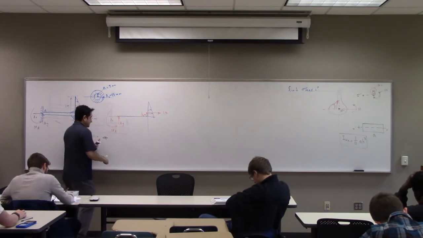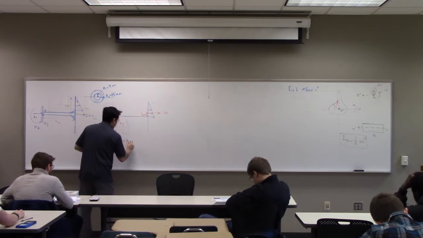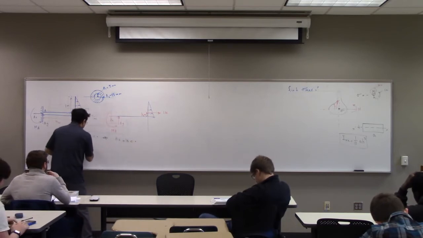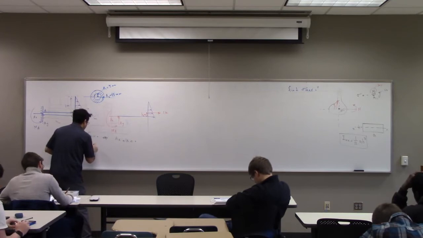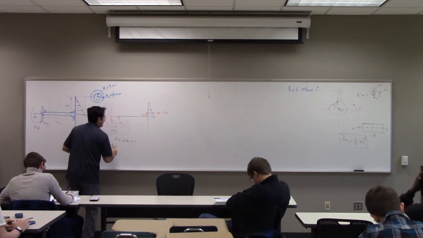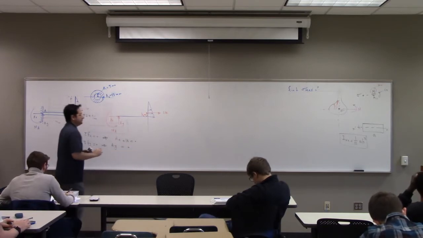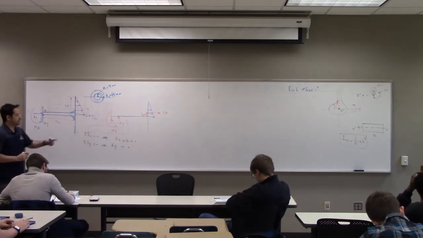So sigma Fx is 0, AX plus 1K is equal to 0. Summation of force in Y is 0: AY is equal to 0. That's the only thing I have in Y.